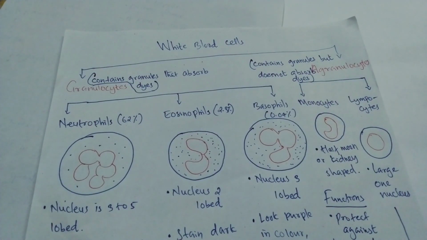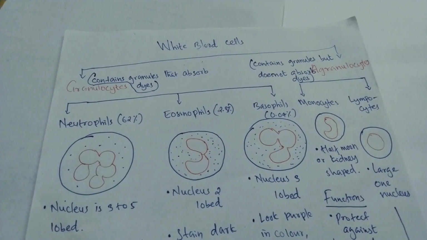The main difference between granulocytes and agranulocytes is that granulocytes contain granules that absorb dyes and give color while staining. And agranulocytes contain granules but they do not absorb dyes, and therefore they do not give color while staining.